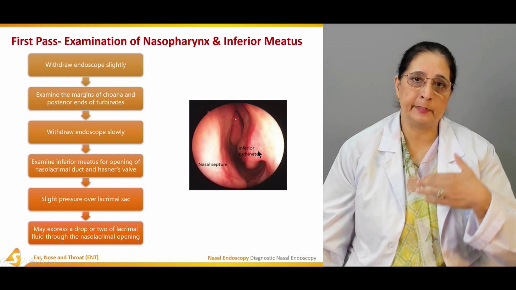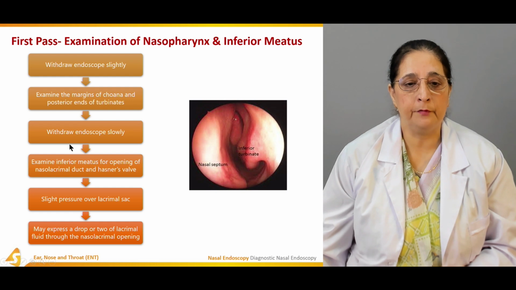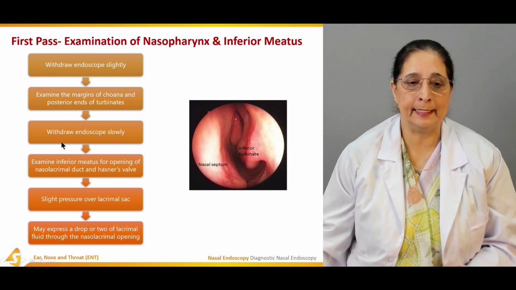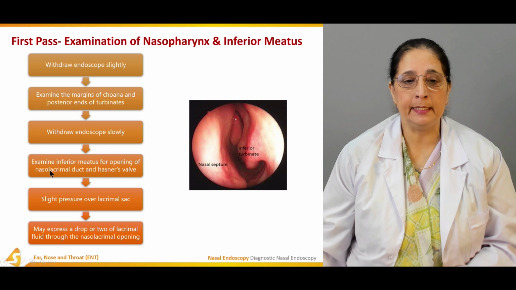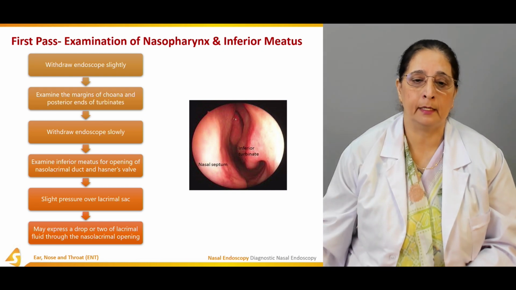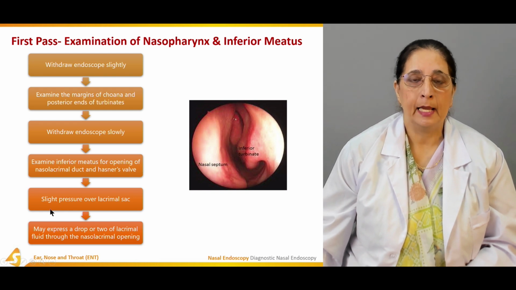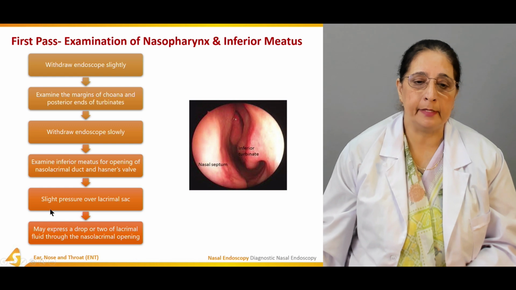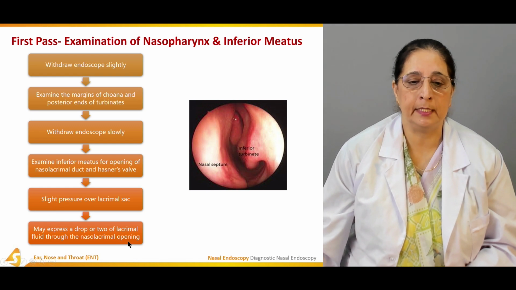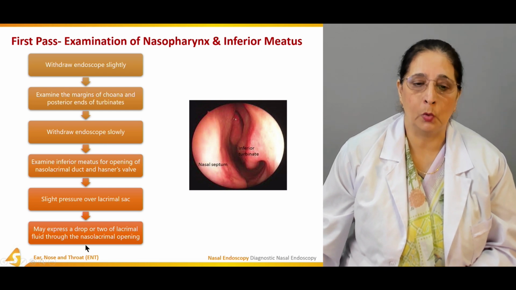So as it comes back, we look for the posterior ends of the turbinate, withdraw, then slowly again, and then we examine the inferior meatus for opening of nasolacrimal duct. So nasolacrimal duct opens into the inferior meatus, and then slight pressure on the lacrimal sac may express the lacrimal fluid through the nasolacrimal opening.